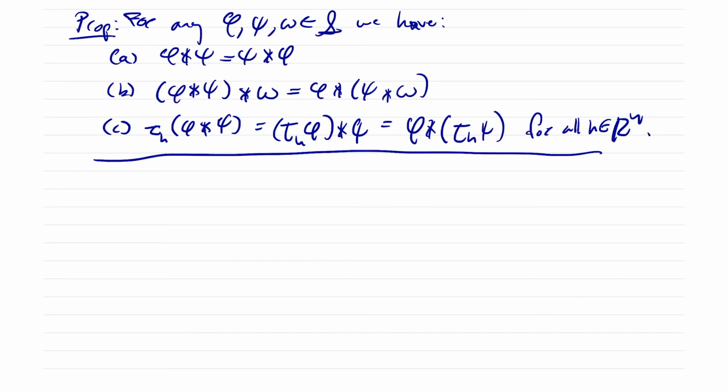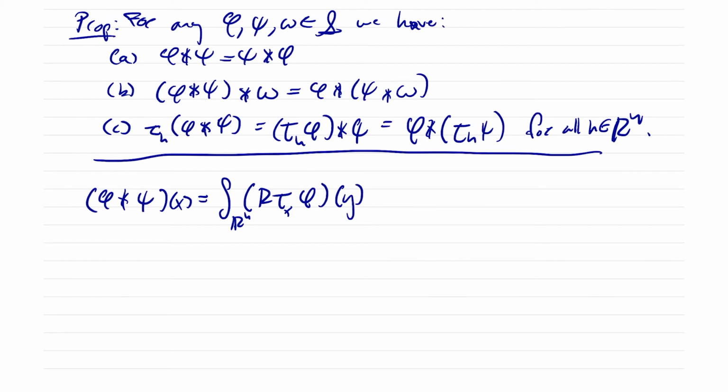Okay, so now we can go back and re-express the convolution as a combination of operations. So we can say that phi convolved with psi at x, we can rewrite as the integral over Rn of the reflection operator hitting on the translation operator corresponding to x, not h, on phi.